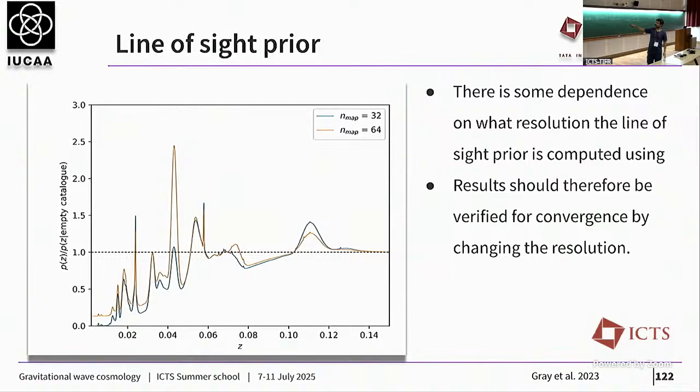And so the line of sight redshift prior that you will give will have to reflect that empty catalog run. Okay? If you give a particular line of sight redshift prior in different pixels, then it will take into account the galaxy catalog. If you don't give it, if you give an empty line of sight redshift prior, then you're running the spectral siren analysis.